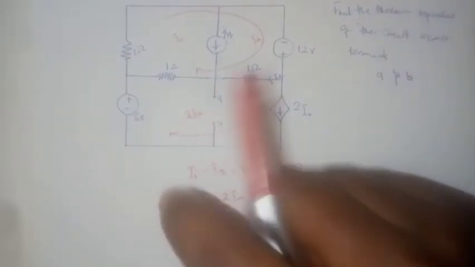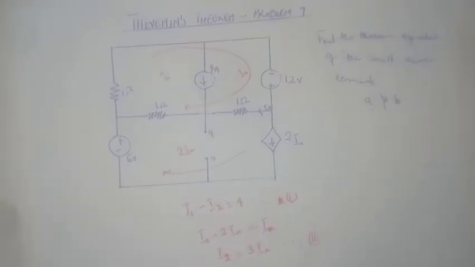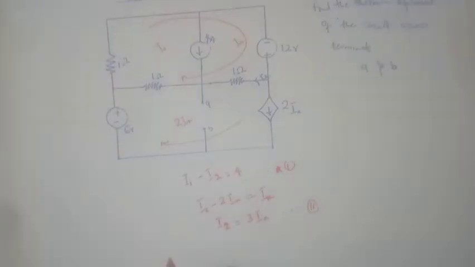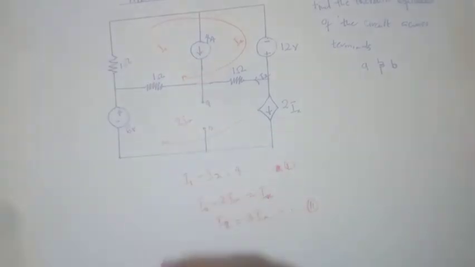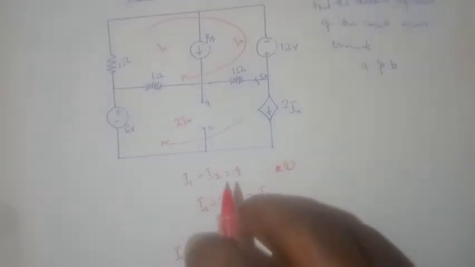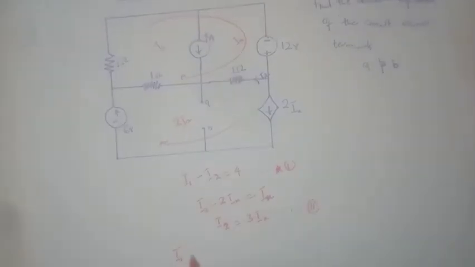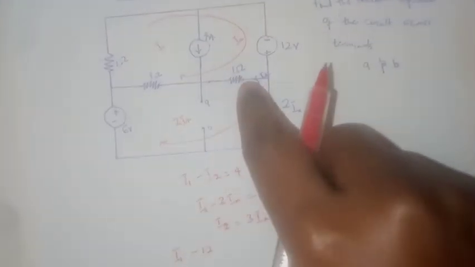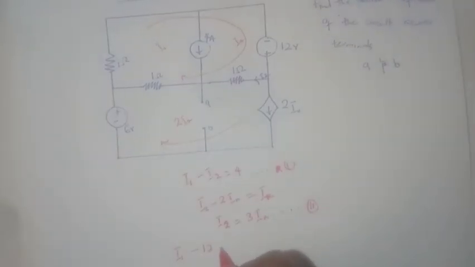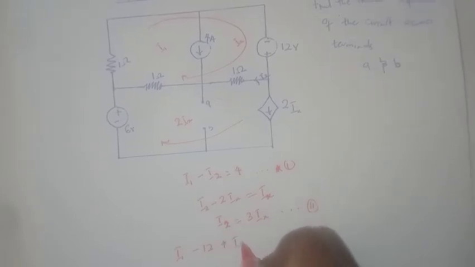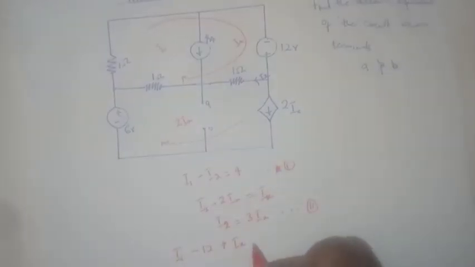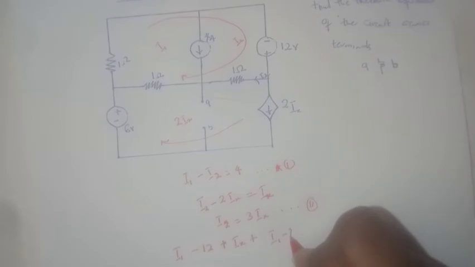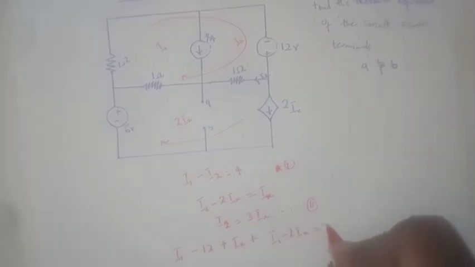We can then proceed to write a supermesh equation here, and say I1 minus 12 plus Ix plus I1 minus 2Ix equals 0.